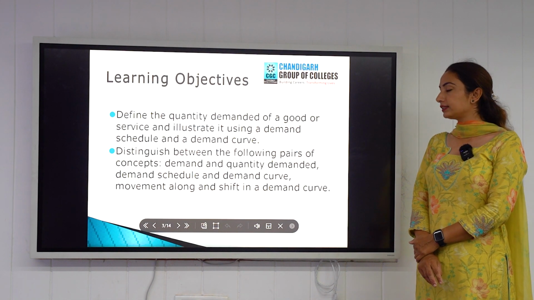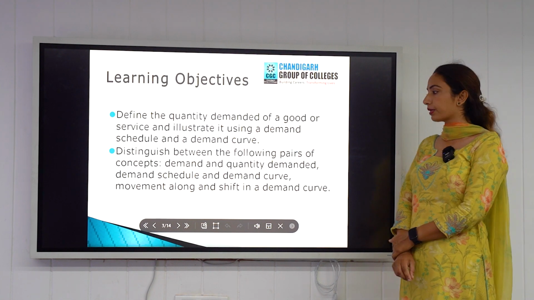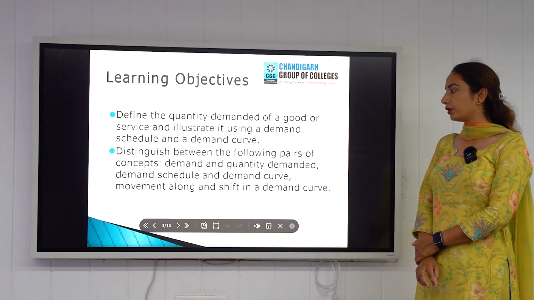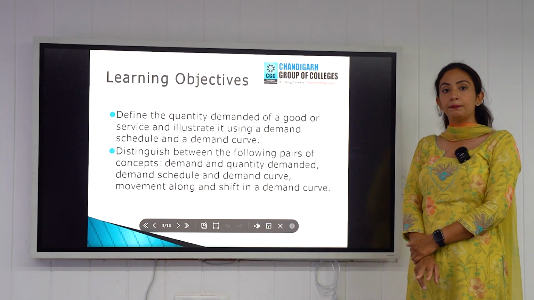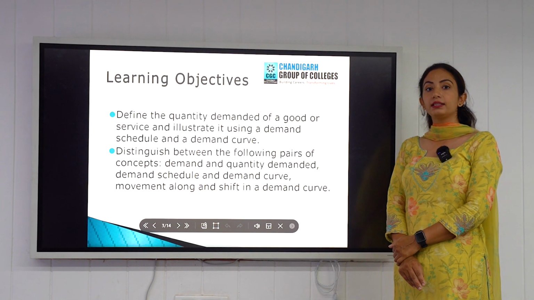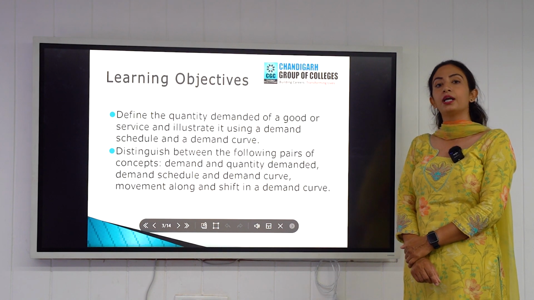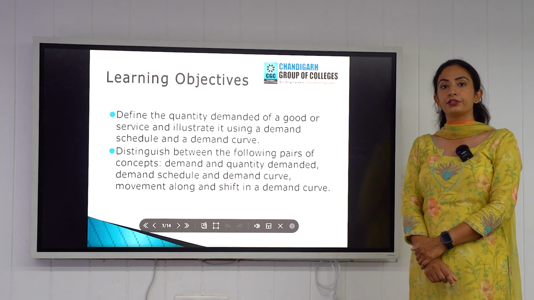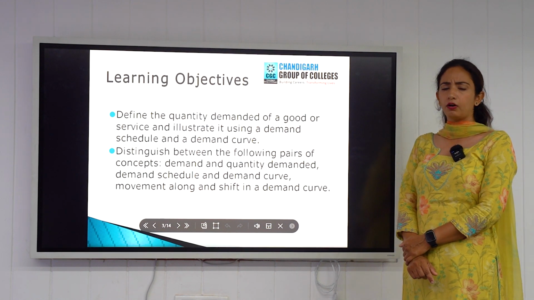Then in the subsequent, you will be in a position to distinguish between the pair of concepts regarding the demand and the quantity demanded. There are two different concepts, demand and quantity demanded. Then followed by the curve and the schedule, the tabular form of demand representation and the graphical representation of demand, that is demand curve, along with the movement of the curve.